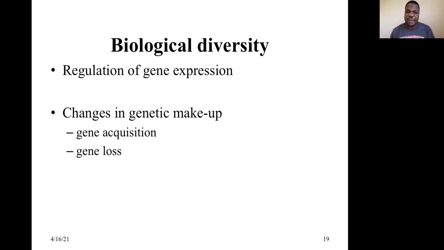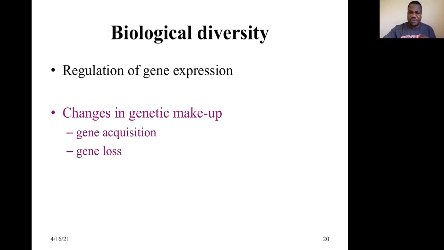First, it can happen as a result of gene expression, and it can also happen as a result of changes in the genetic makeup. When there are changes in the genetic makeup, it will be either gene acquisition or gene loss. So let's try to look at this in much more detail.